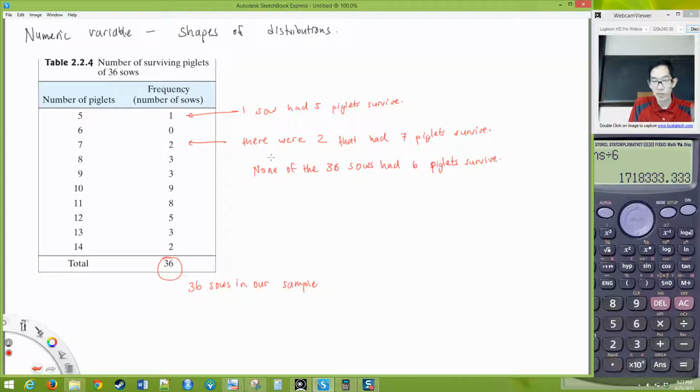Each of them had a survival rate. Yeah, well, you know, it doesn't even say, because it's not like all of the sows had the same number of piglets born, okay? But, you know, so maybe this one gave birth to 5 and all 5 survived. We don't know. This doesn't say, okay? It's just saying this is what happened when the piglets were born, okay?